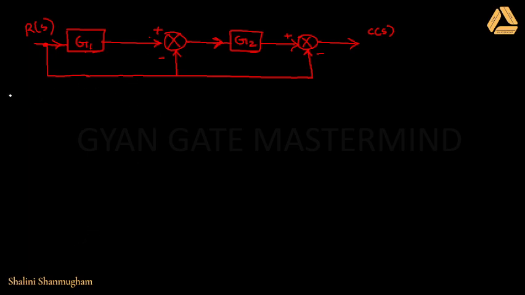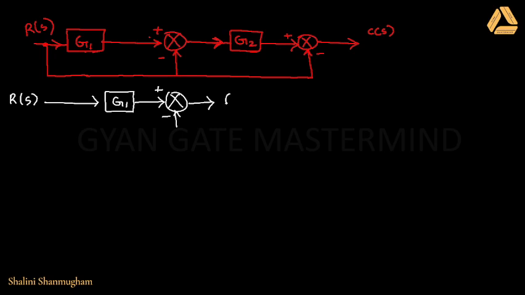You can redraw this one like this. G1 is given to the summation comparator. Again G2 is given to the comparator, and output is C of s.